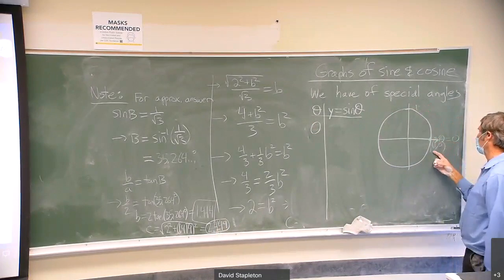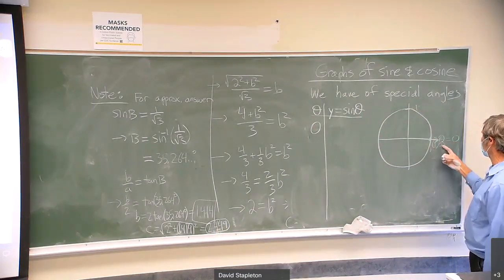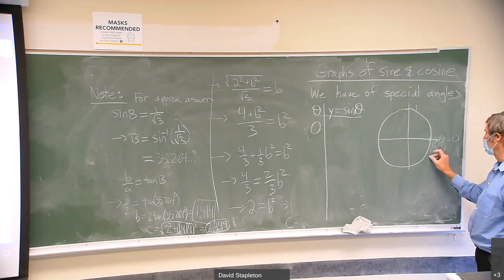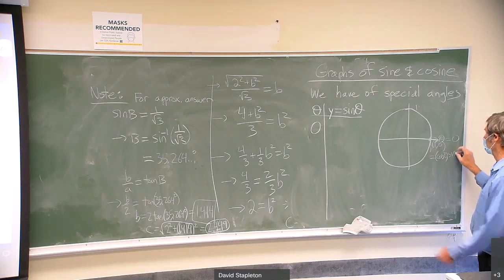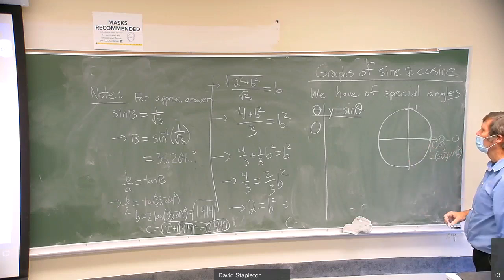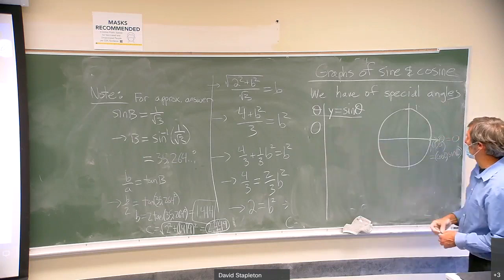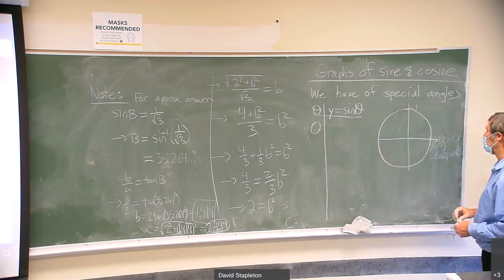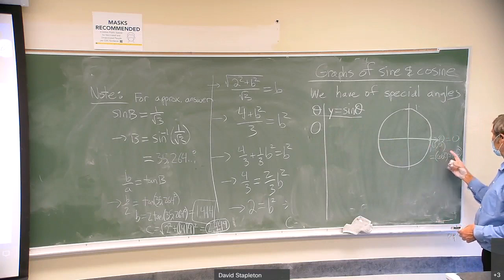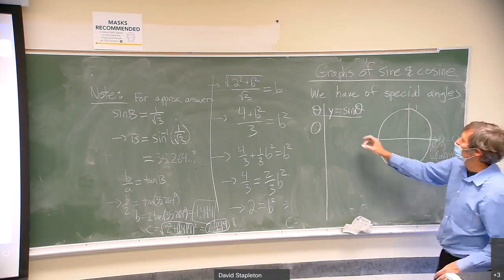So this is the cosine of 0 and the sine of 0, respectively. We're going to do this plot in radians, because that's what's useful in most applications. So the sine of 0 must be 0, and put that in.